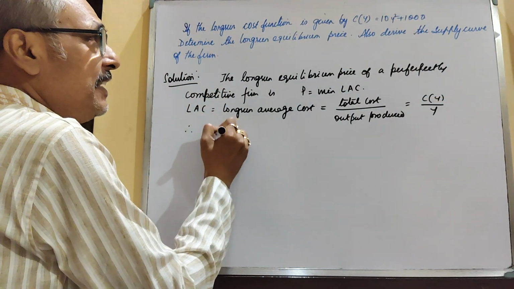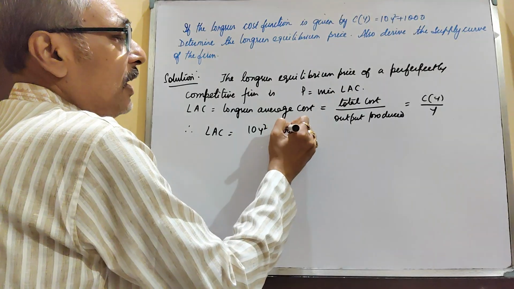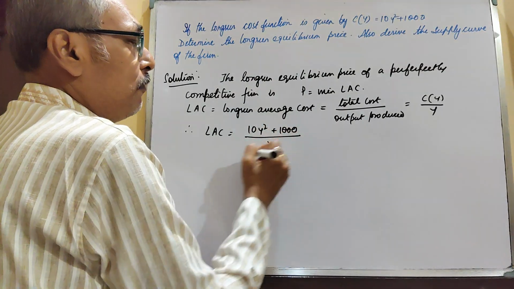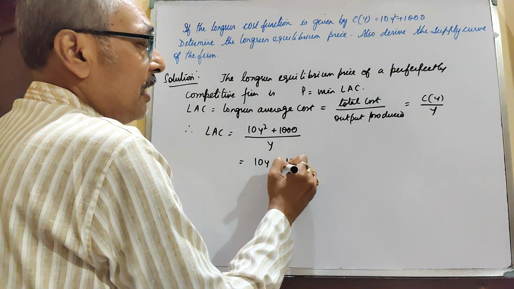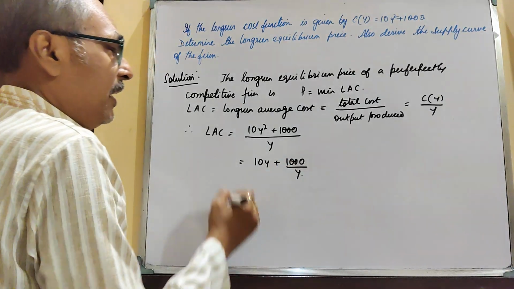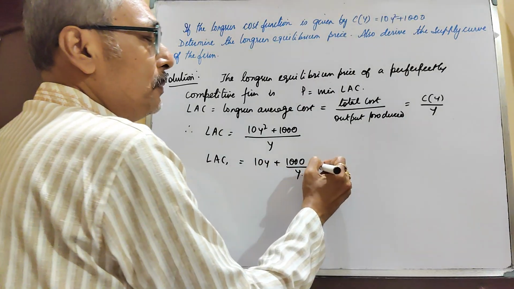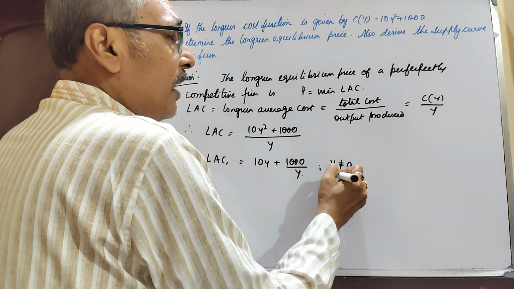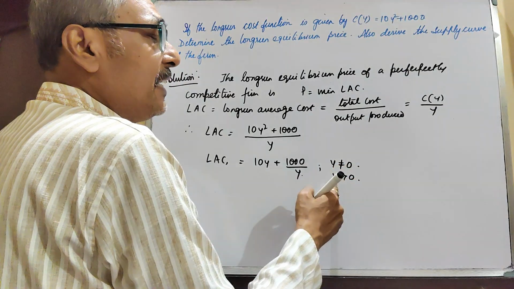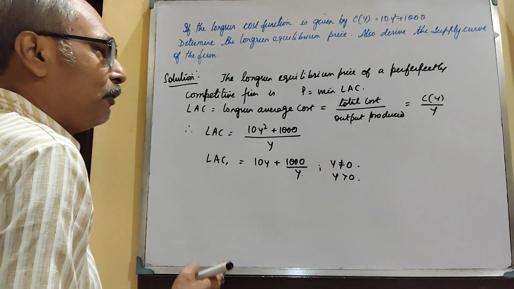Therefore LAC equals 10y squared plus 1000 divided by y. This becomes 10y plus 1000 by y. Now y is in the denominator, therefore y cannot be 0. Moreover, y is greater than 0. Y is output, it cannot be negative also.